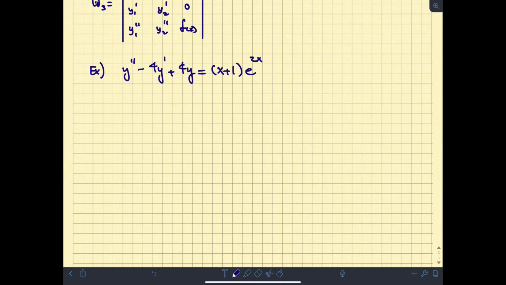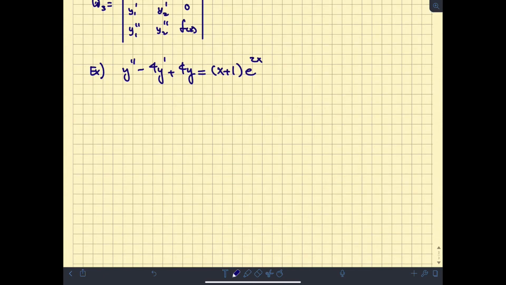Now, let's continue with this. All right, so I have a non-homogeneous differential equation here. As I've told you earlier, first we solve the homogeneous case, independent of whether you're using undetermined coefficients or variation of parameters. So my homogeneous solution will use a characteristic equation of m squared minus 4m plus 4 equal to 0. This gives me a double root, (m minus 2) squared equal to 0, which implies m is equal to 2, and that's a double root.